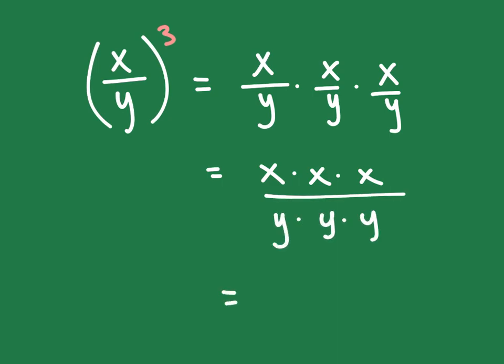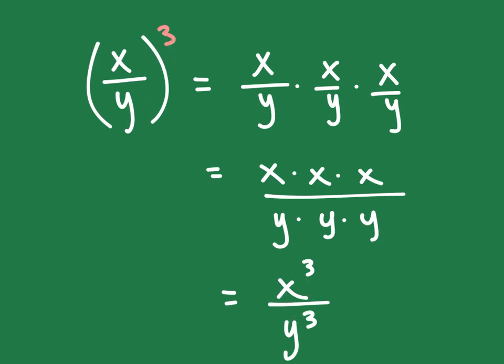And then you've got to realize that you're writing this as x to the 3rd over y to the 3rd, and that you're taking whatever your quotient is and raising that to the same power. So your numerator to the 3rd power, your denominator to the 3rd power, and that's your answer.